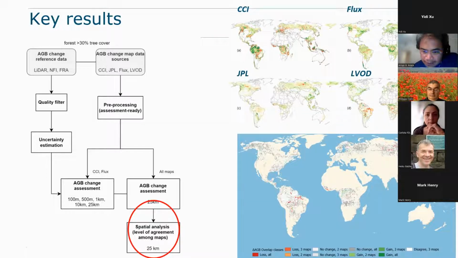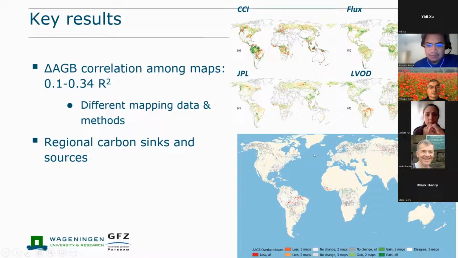And if it's grayish, most of them agree on no change at certain thresholds. And if it's white, it means that they quite disagree with each other, which is quite common in some regions like the Amazon and some other regions. But interestingly, there's some agreement level, especially in terms of biomass loss, and also some agreement on the greener regions. Yeah.